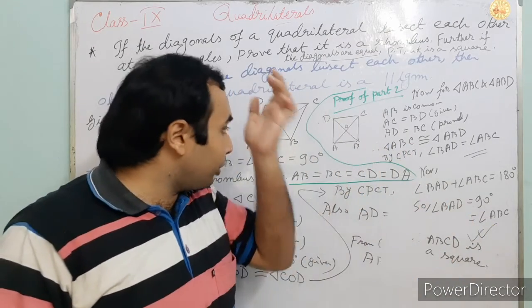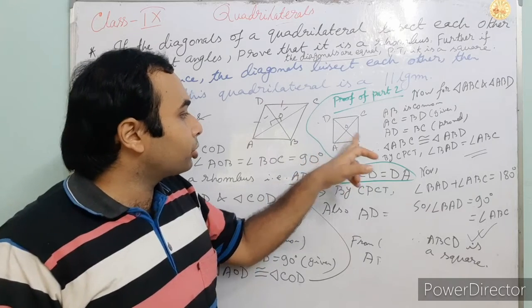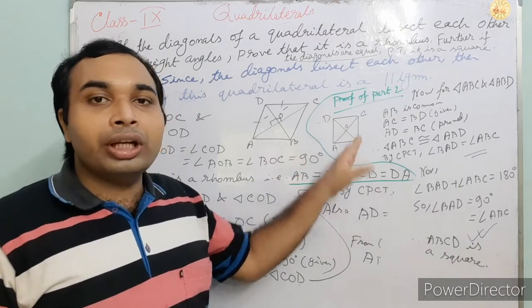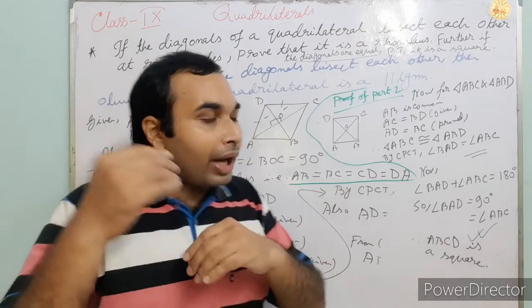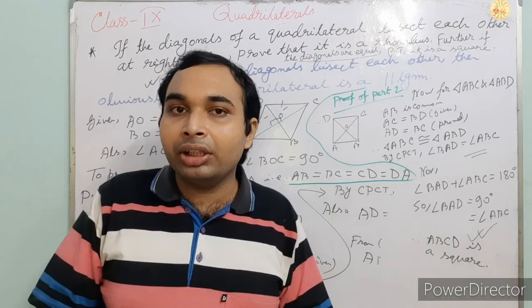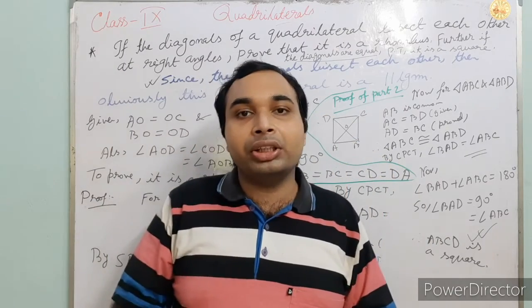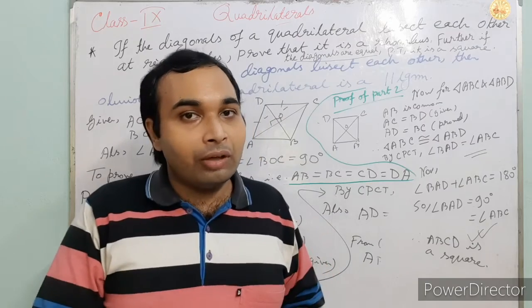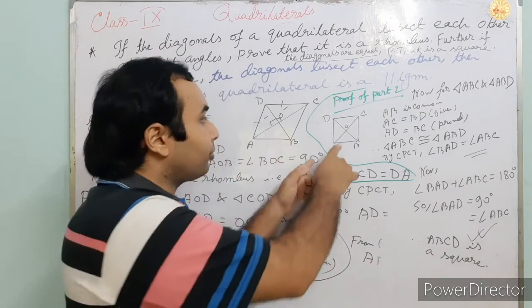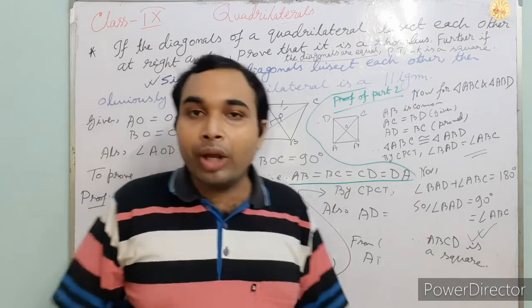After that, by CPCT we can definitely say those two angles are equal. By the property of the quadrilateral also, the sum of those two angles is 180 degrees. So obviously individually those are 90 degrees. So when those are 90 degrees, definitely the figure will be like this and it is a square.